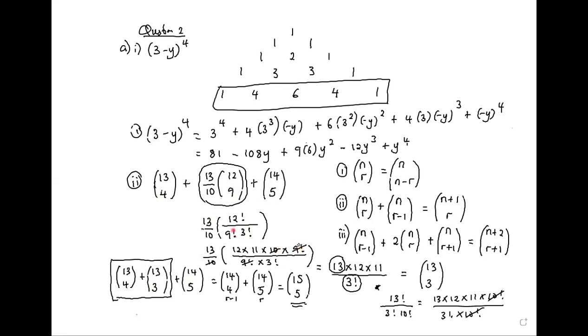Because you are seeing a 9 factorial down, those can cancel. Okay, so if they cancel like that, then we remain with 12, 11, 10. We remain with 13 times 12 times 11 over 3 factorial.